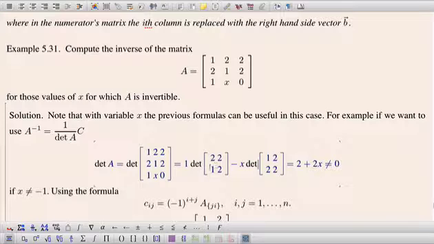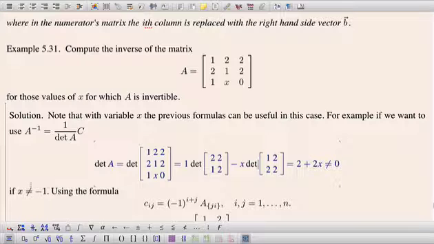And then this is 4 minus 2, 2, and then minus x times 2 minus 4, so it's minus 2 times minus x, which is plus 2. So 2 plus 2x shouldn't be 0.